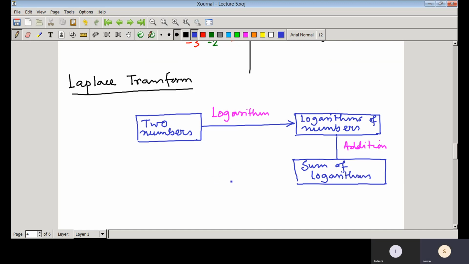So now if you take the anti-logarithm here, then you will get that product.